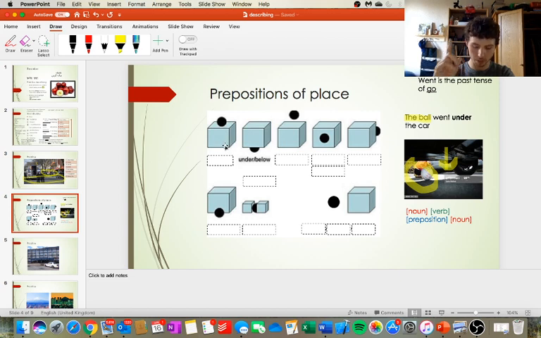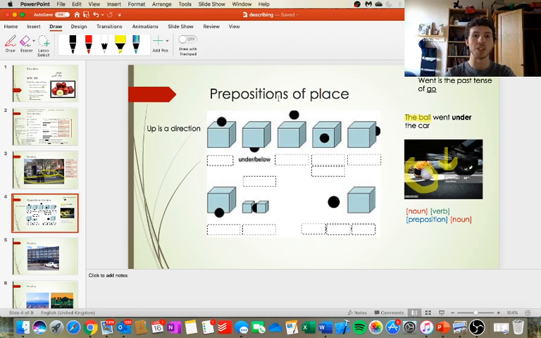Not up. So up is a direction. Up is a direction. It tells you the way. So it's like moving up. Move up.